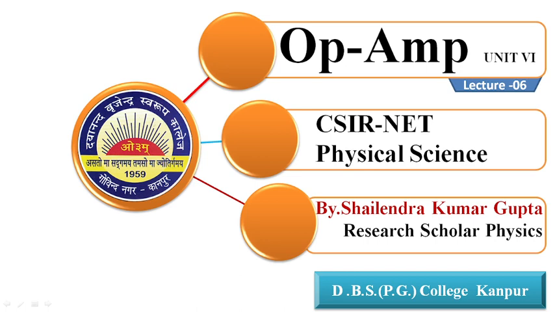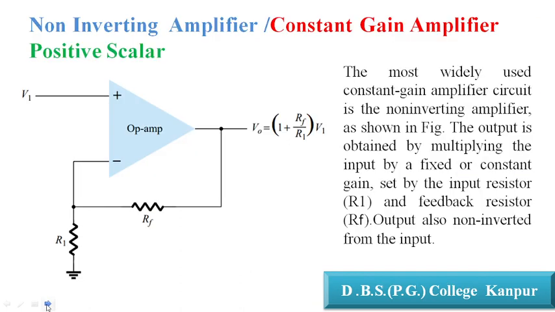In this lecture we are discussing the non-inverting amplifier. According to the name, it is clear that it is non-inverting. In the last classes we discussed the inverting amplifier, where the input is applied to the inverting terminal, the minus terminal.